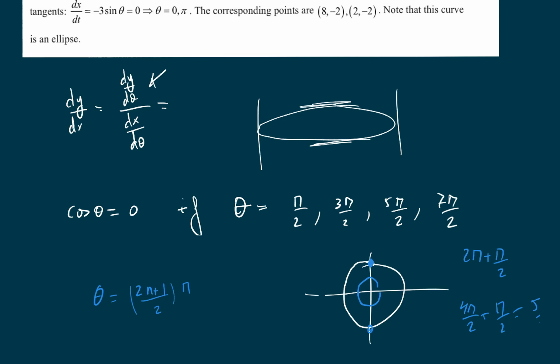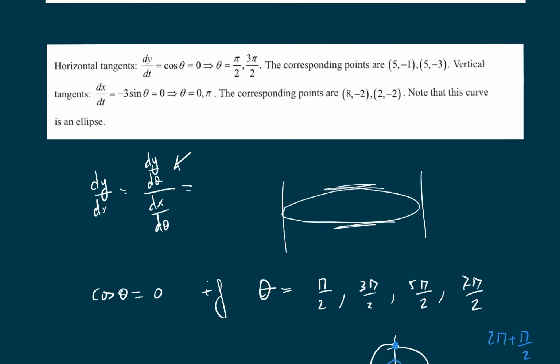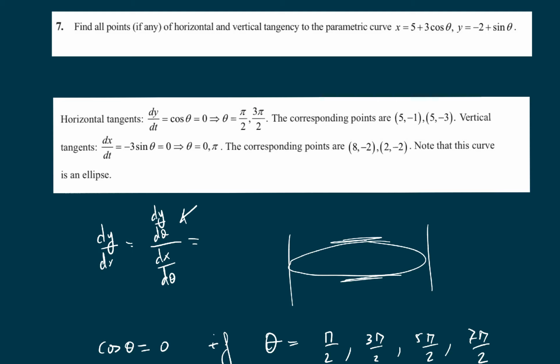So we have a horizontal slope 0 when theta is pi divided by 2, the numerator is 0 when theta is this value. If theta is this value, what is the x and what is the y? The equation says that x of theta is 5 plus 3 cosine of theta.